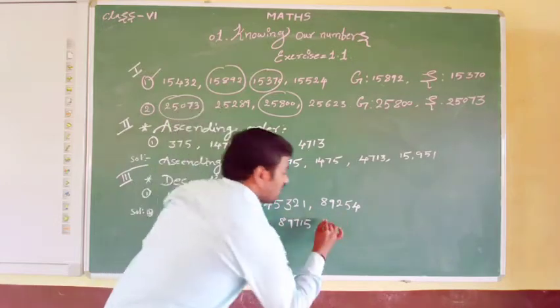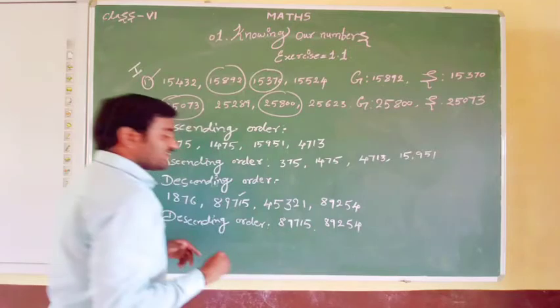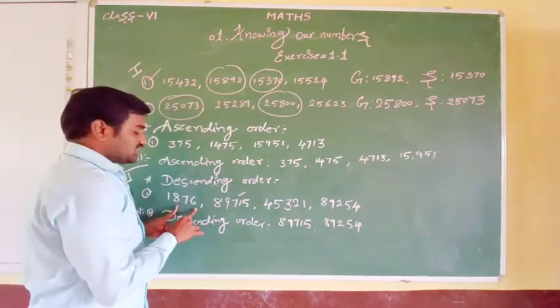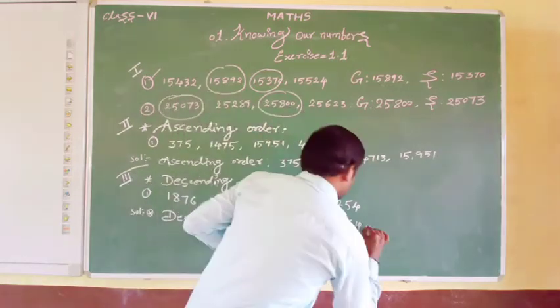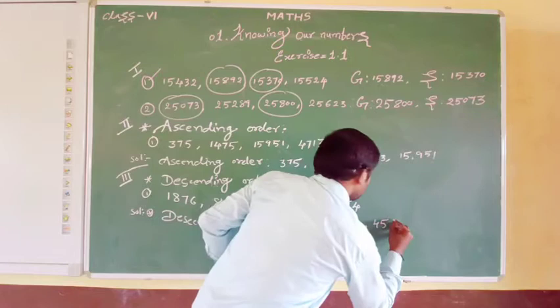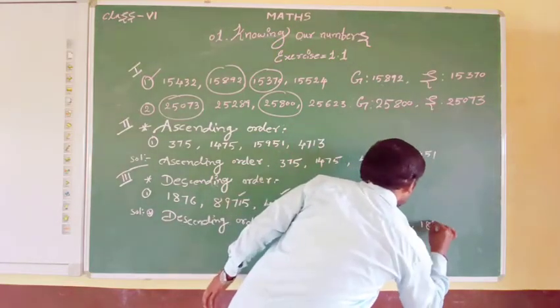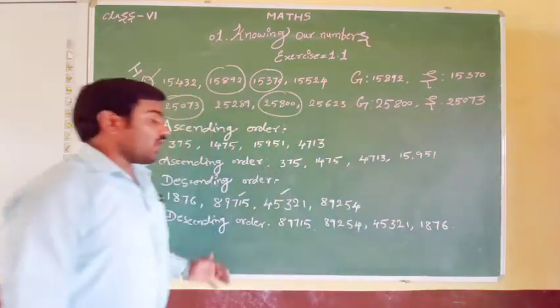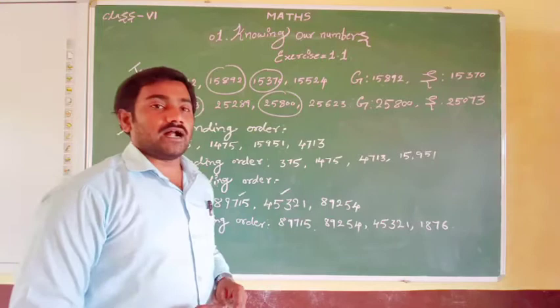The second comes 89,254. Now easily we can identify here 1,876, here 45,321. So this is the greater one between the two, 45,321, and at last we have 1,876. Now I have arranged the given numbers in the descending order.